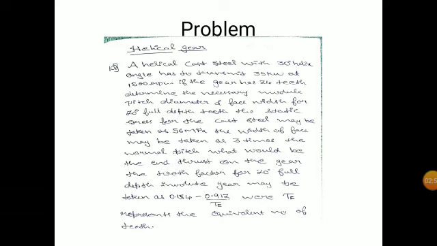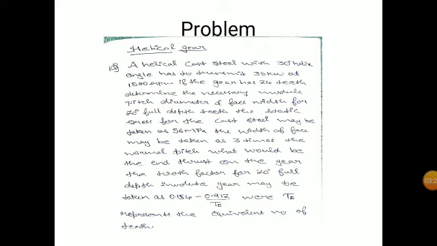Determine the necessary module, then pitch diameter and face width for 20-degree full depth teeth. The static stress for the cast steel may be taken as 56 megapascal. The width of the face may be taken as 3 times the normal pitch. And it is finally asking, what would be the end thrust acting on the gear?